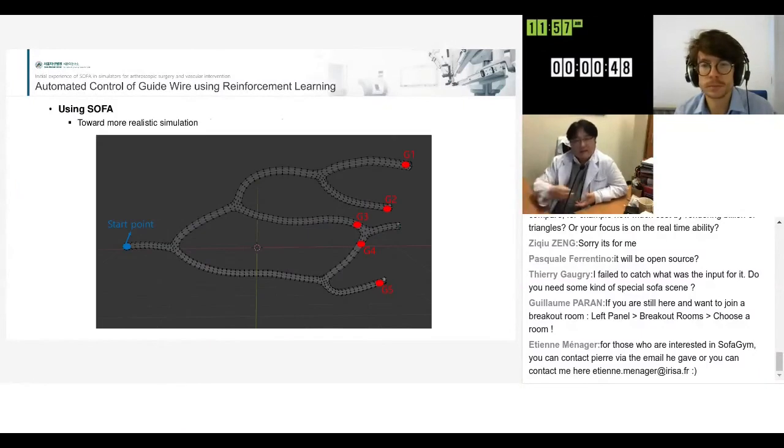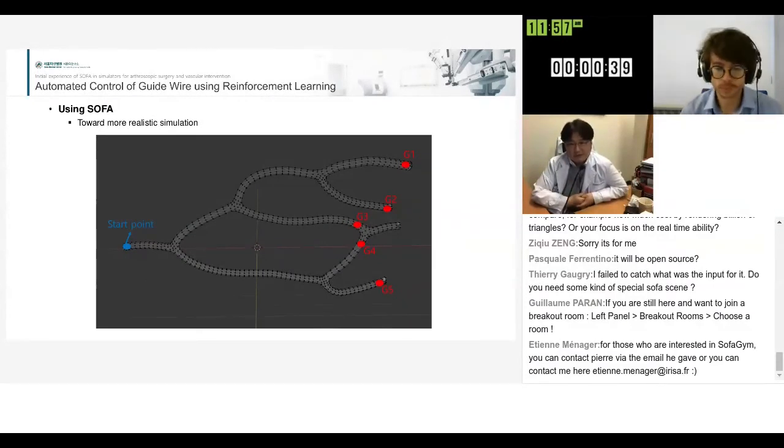And then certainly we looked at SOFA. We know Unity has very good advantages and many merits, but still, for more realistic simulation, SOFA would be the better answer, we thought, so we tried using SOFA for this similar configuration.